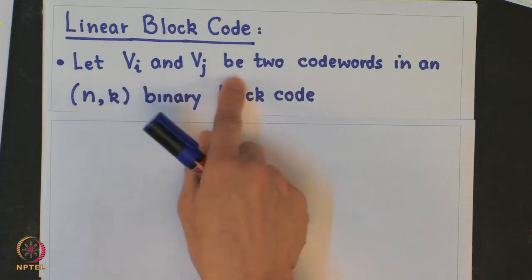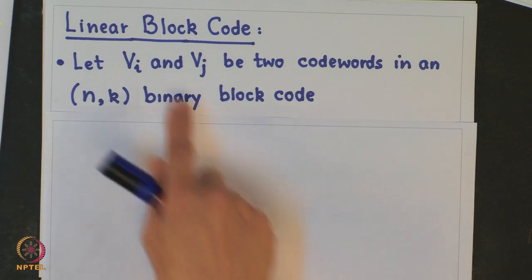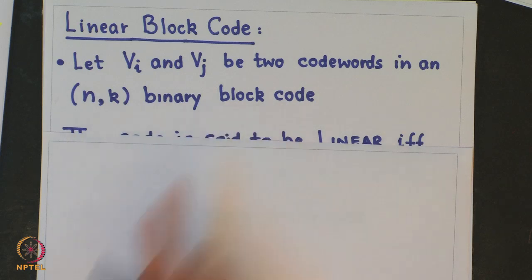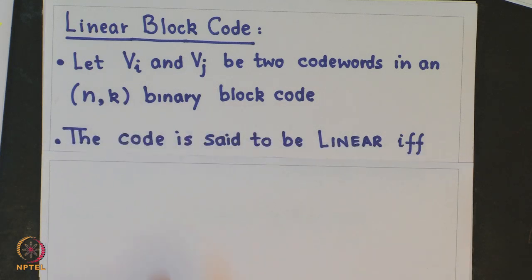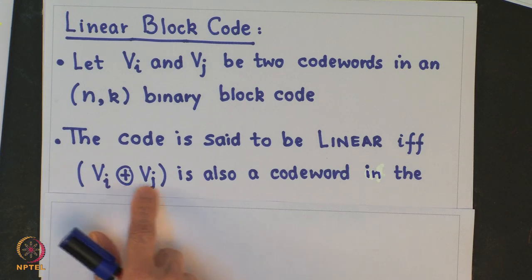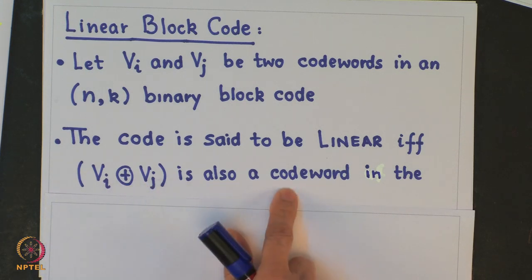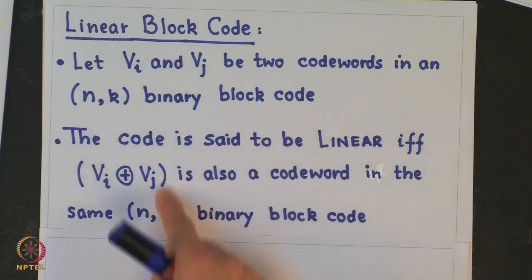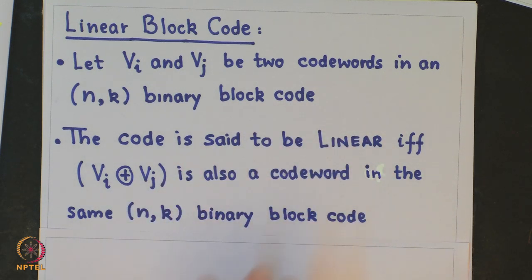Each of these will be an n tuple, and it comes from the binary block code. Then the code is said to be linear if and only if Vi summed with Vj is also a code word in the same (n, k) binary block code.